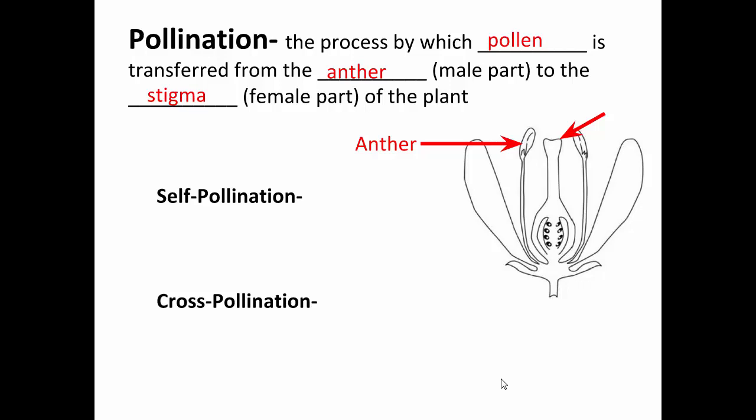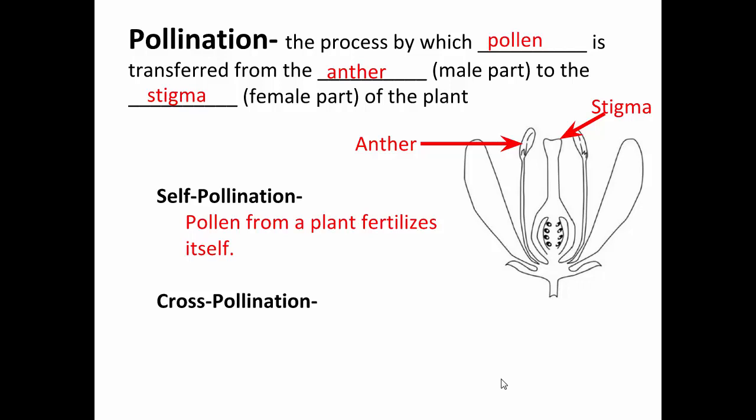Now there are some times when plants self-pollinate. What that means is that pollen from one flower fertilizes the stigma of that same flower. But self-pollination is actually not that common because it doesn't provide the same variation that sexual reproduction does, because it's one individual fertilizing the same individual.